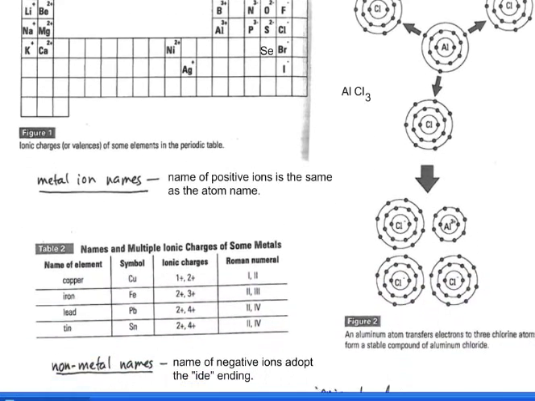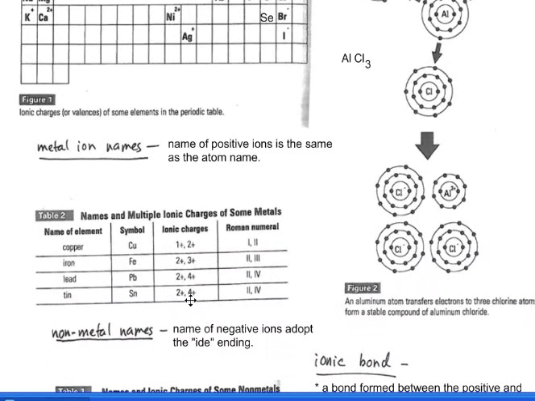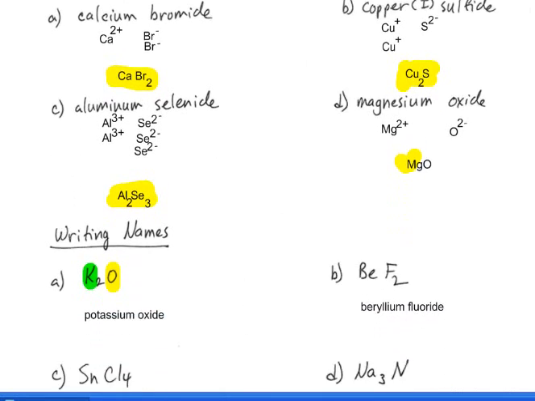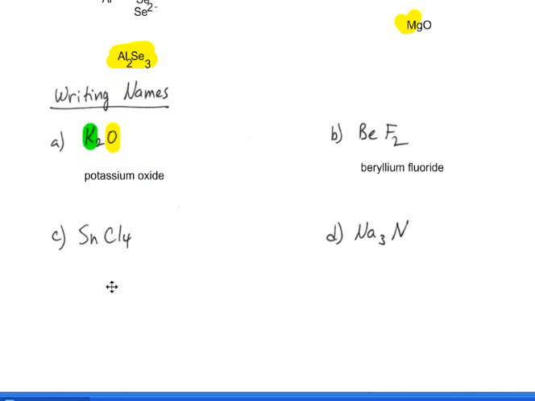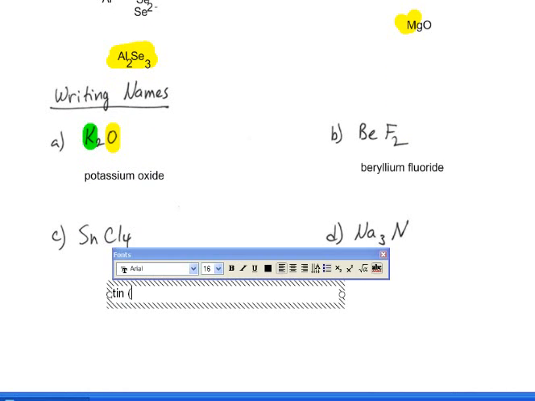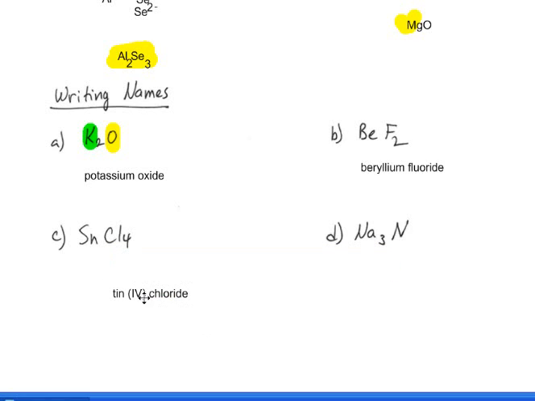So the 1 tin that we have there must be the 4 positive. Because if I need 4 negatives to balance 1 tin, that 1 tin must be worth 4. So that's the key. Take a look at what it's paired up with. So tin 4 chloride.